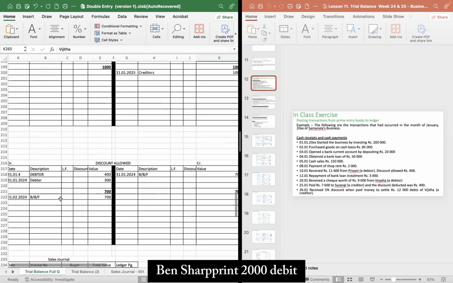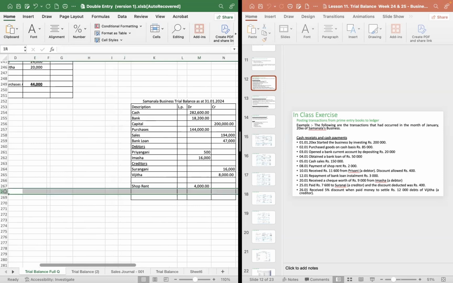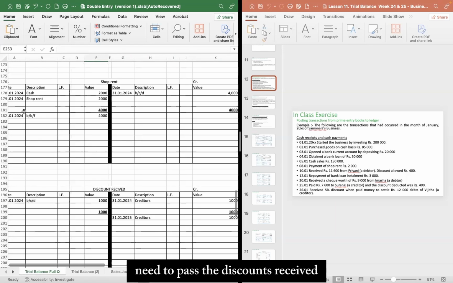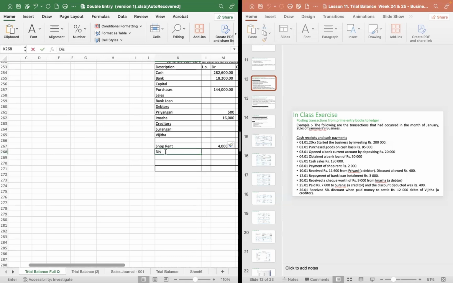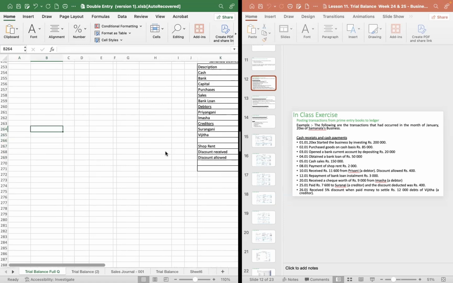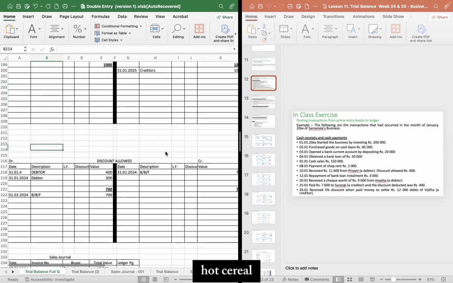Then shop rent 4,000 debit. ඊට පස්සේ discounts received එකක් තියෙනවා credit 1000. discounts allowed තියෙනවා 700.